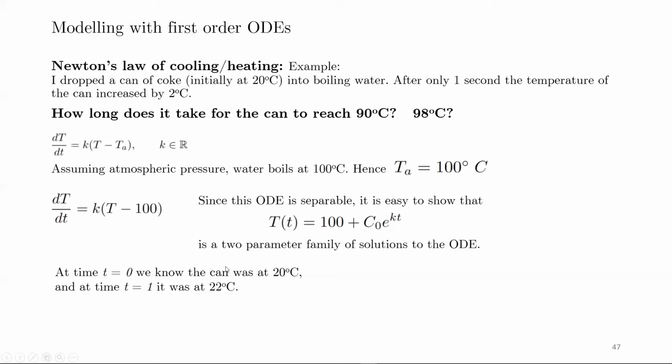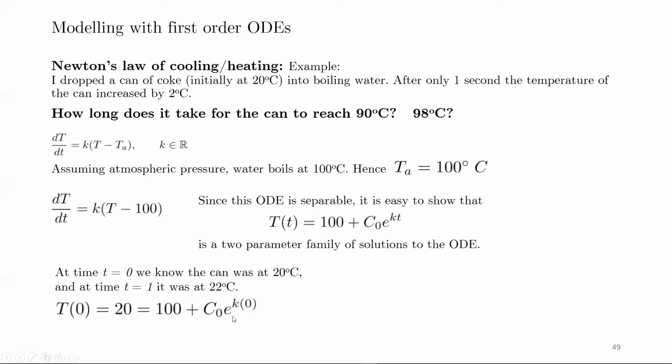Okay, so we can represent this information that we know as an initial condition, T0 equals 20. So when time t equals 0, temperature equals 20, and we can put that in the solution. So 20 equals 100 plus C0 e to the k times 0.